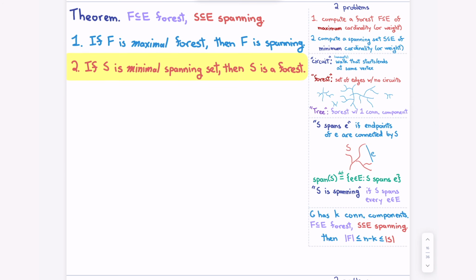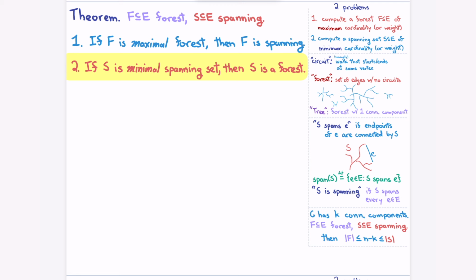All right, how about this one? If S is a minimal spanning set, then it must be a forest. This is really the last slide. There might be some wrap up, but yeah. So last point. I'm very sorry. If S is a minimal spanning set, then it's a forest.